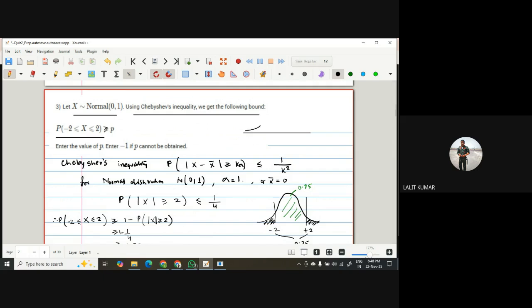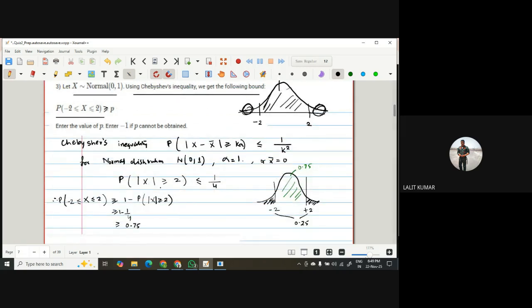If we see a normal distribution, here it is 2, here it is -2, and we have to find that x is between them. So this probability will be 1 minus the probability of these outer regions.